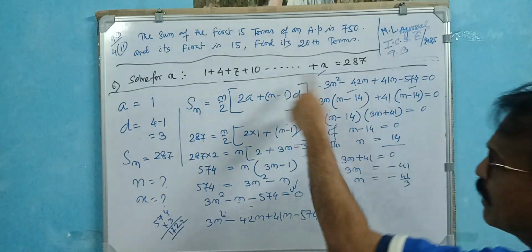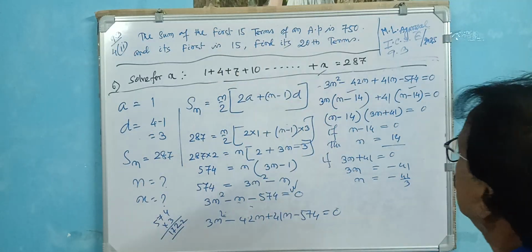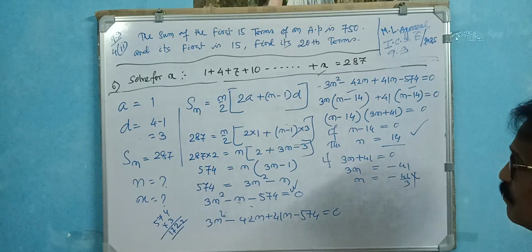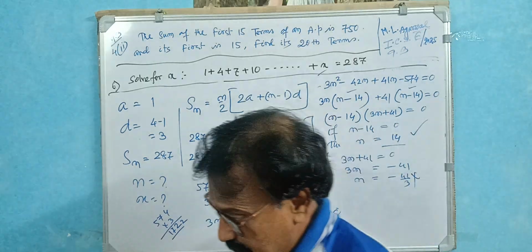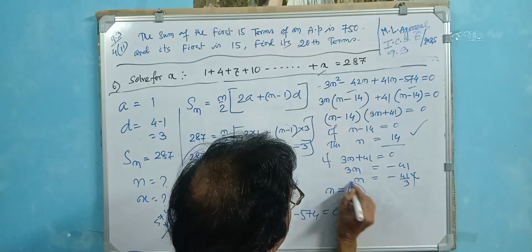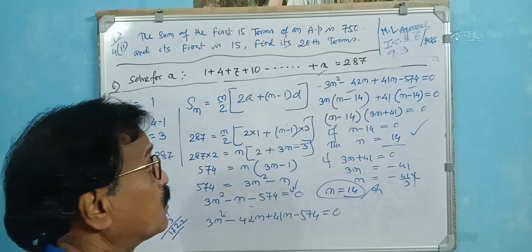The number of terms is a whole number: 1, 2, 3, 4. So you don't take this, you take this. So what is the number of terms? 14. So ultimately n is 14. Number of terms is 14.